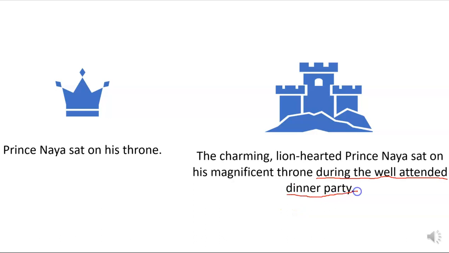That is our prepositional phrase introduced by our preposition of time, during. Can you pick out the noun phrases here? The charming lion-hearted Prince Naya, his magnificent throne.